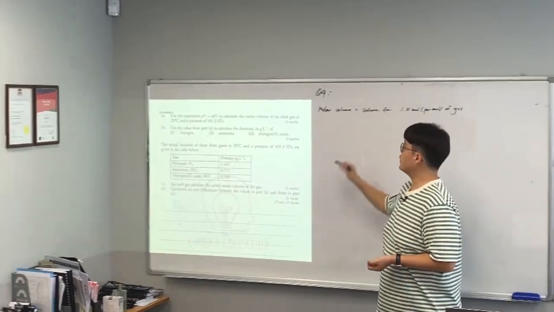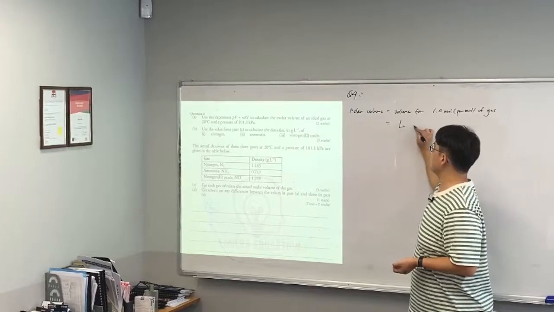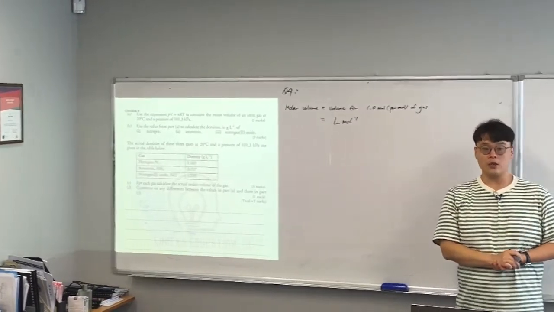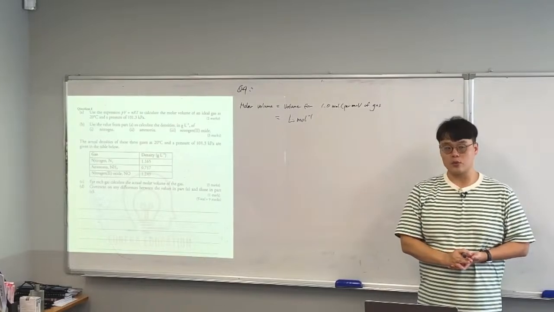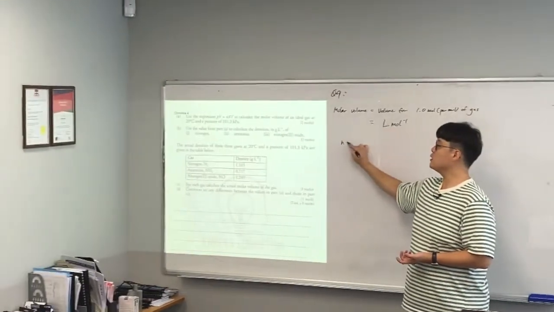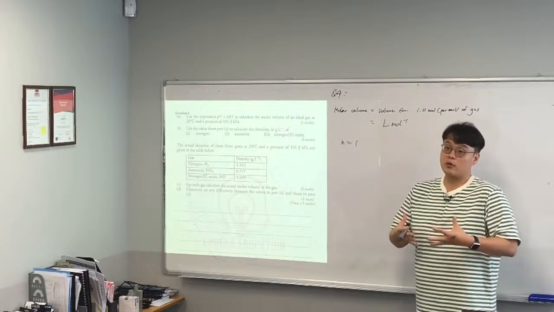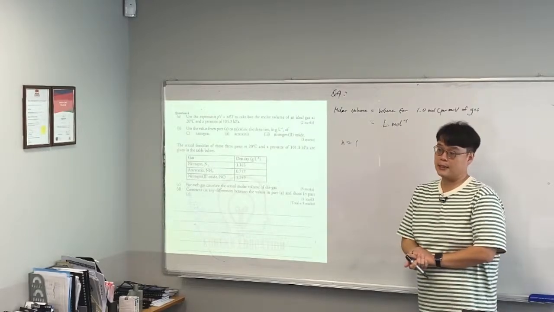And this is why the unit is given as liter per mole, given here like this. In other words, if you want to find the molar volume, we just got to make that n to be 1, because we want to find the volume for a given 1 mole of the gas.